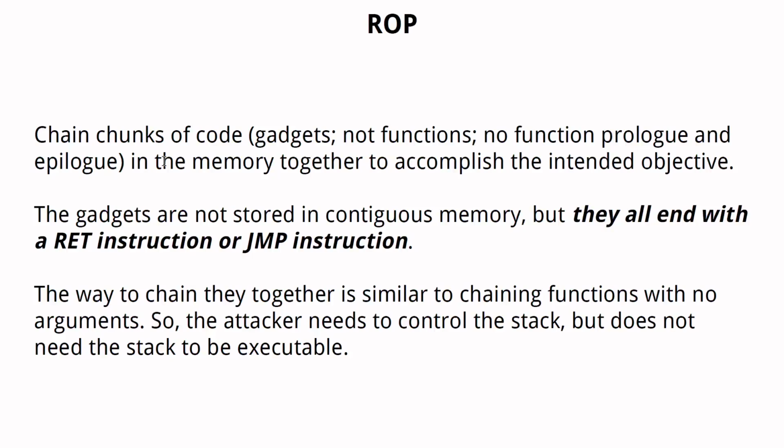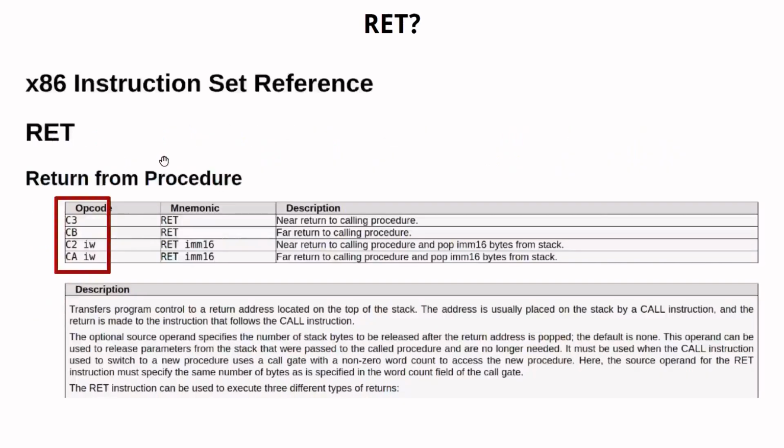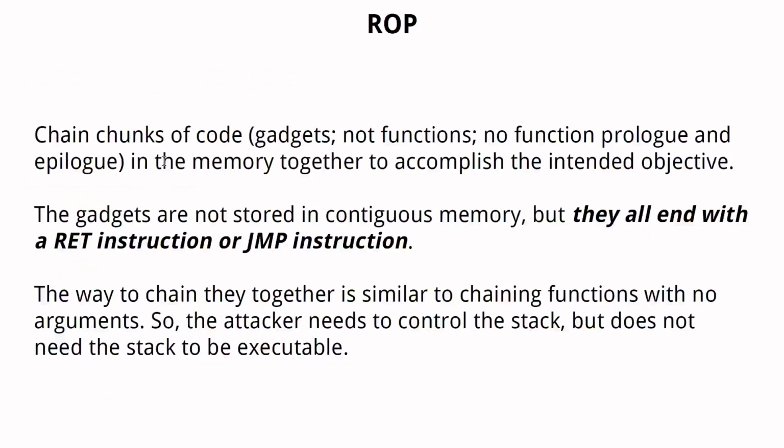So we do need to control the stack here. However, we don't need the stack to be executable. On the stack, we only have addresses. We can have some data there as well. Later, I will show you examples with data there. However, we do not inject any code into the address space.